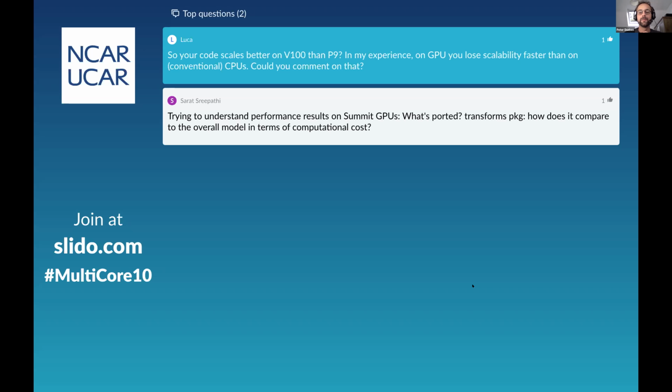I don't think we had big problems here. I think the big question is still how to switch between CPUs and GPUs in a very efficient way for those transforms. The scalability seems to work quite well.